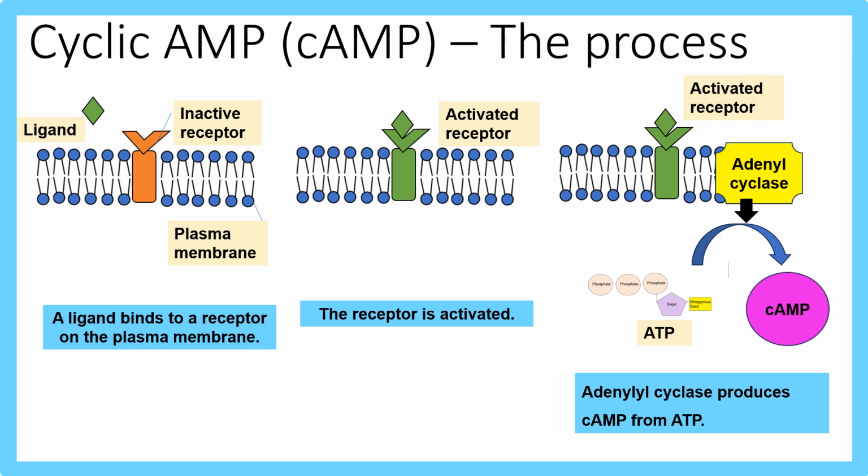Now once the receptor is activated in the second image, you have an enzyme called adenyl cyclase. You can see the structure of the ATP over there. So it has 3 phosphate groups, the ribose sugar and a nitrogenous base. The adenyl cyclase facilitates the formation of cAMP using ATP.